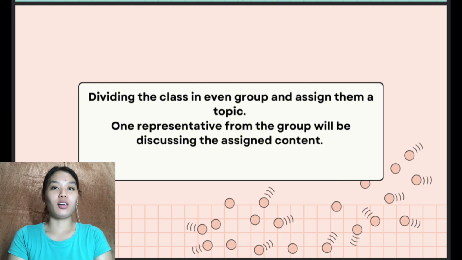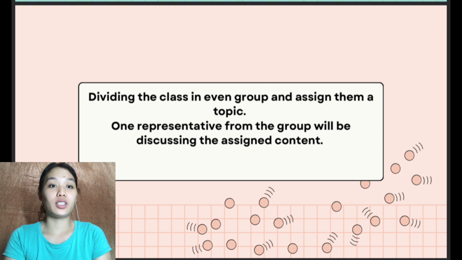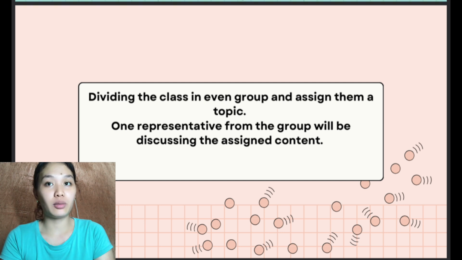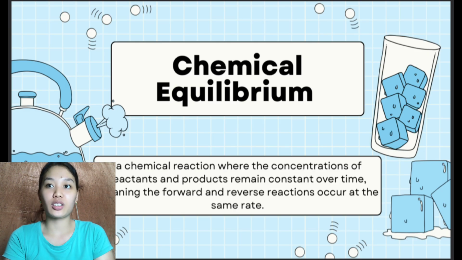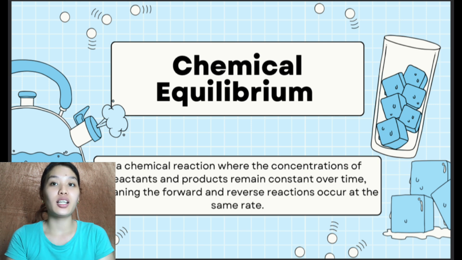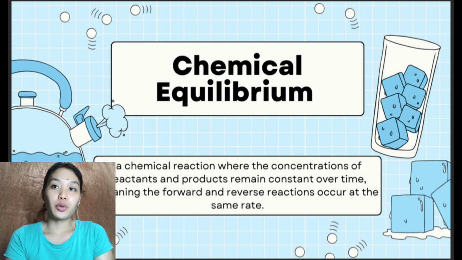So thank you all. We were able to describe the concept of chemical equilibrium and distinguish dynamic equilibrium. Chemical equilibrium is a state in a chemical reaction where the concentrations of reactants and products remain constant over time because the forward and reverse reactions occur at the same rate.